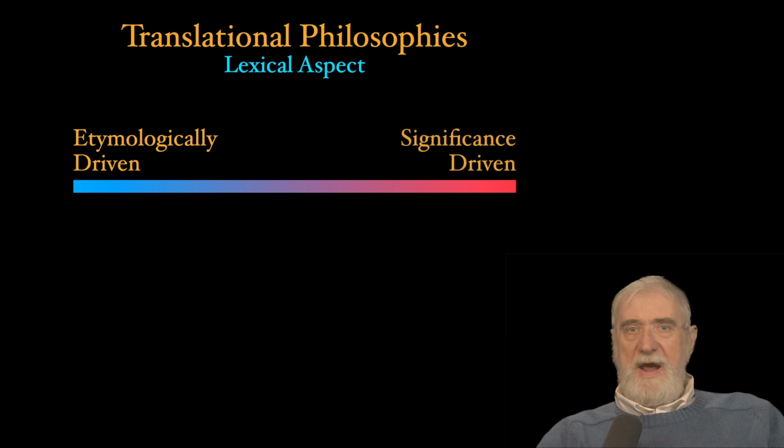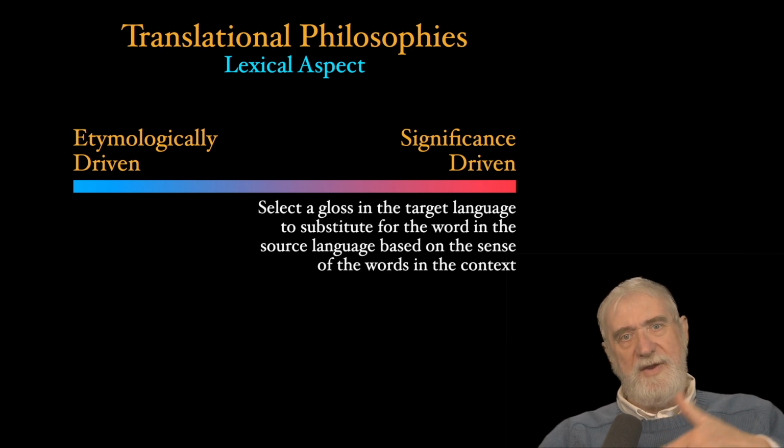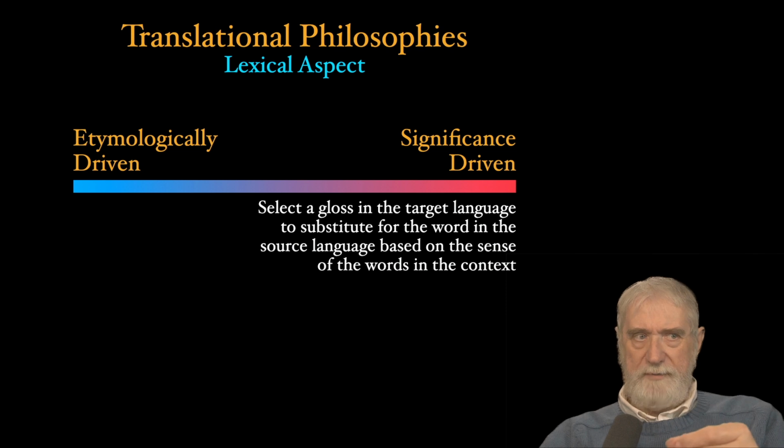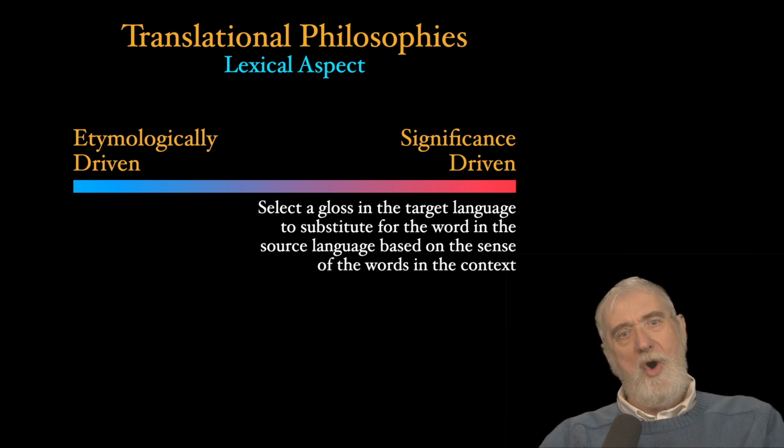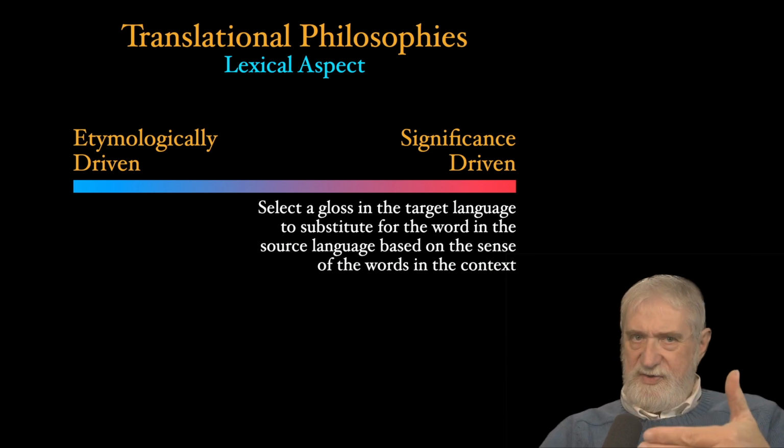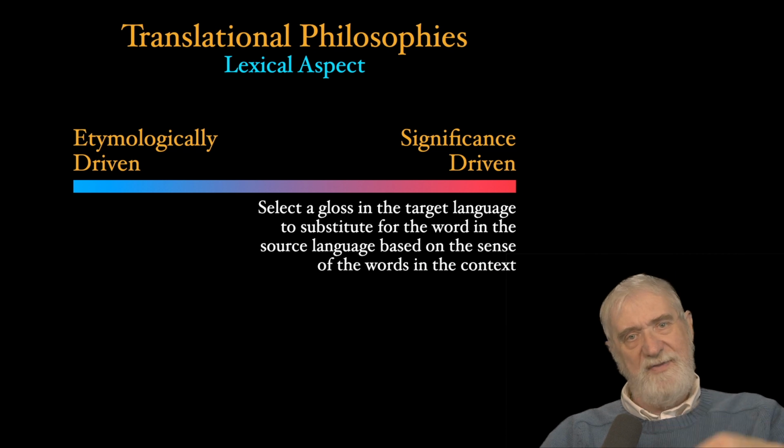At the other end, we have what we might think of as a significance driven approach. In a significance driven approach, the translator selects a gloss in the target language that will substitute for the word in the source language based on the sense in which the word is used in the context.